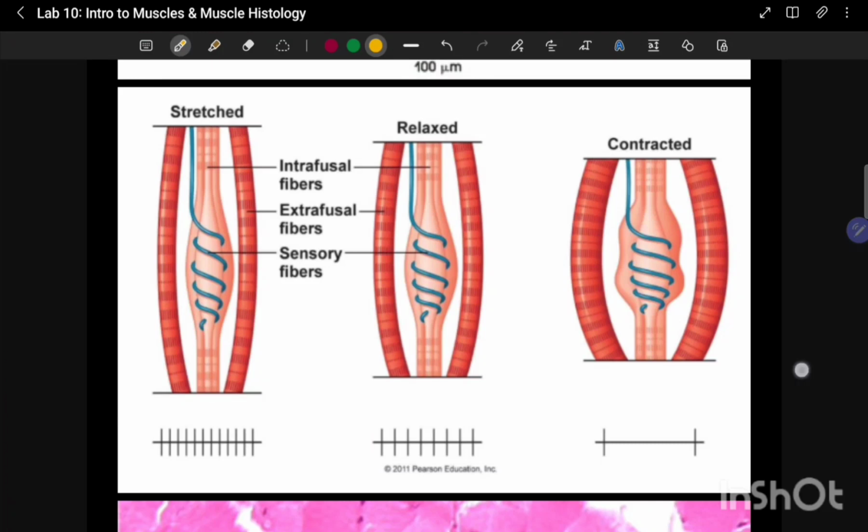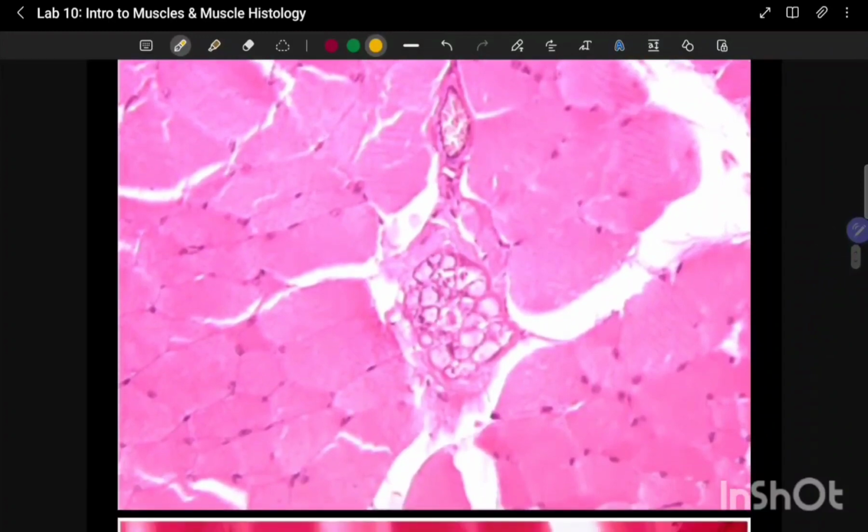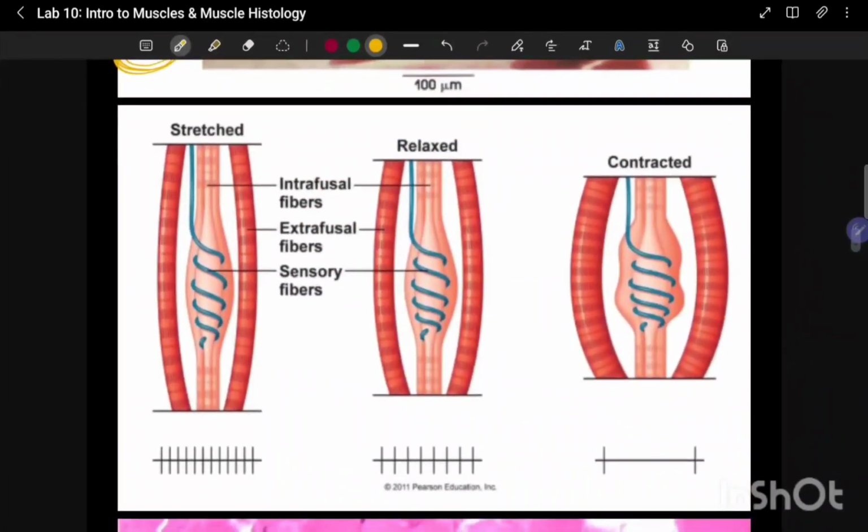Typically they are going to be embedded in the muscle fiber, and this is a cross section of one, so it doesn't really look like much of anything. It's just kind of an interruption to the pattern of skeletal muscle that we see here. We would expect to see more of that nervous tissue, so things like axons and dendrites would be normal to see here. And then this is a schematic of basically what is happening.